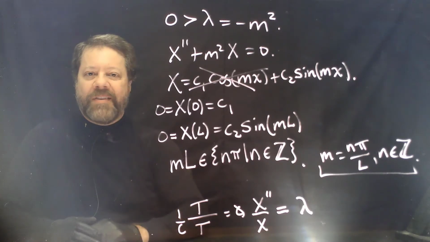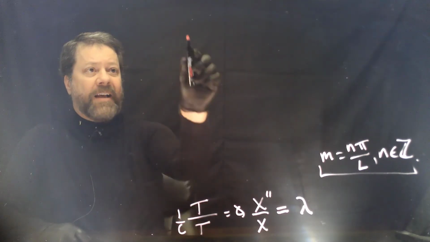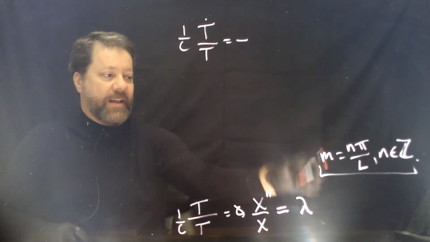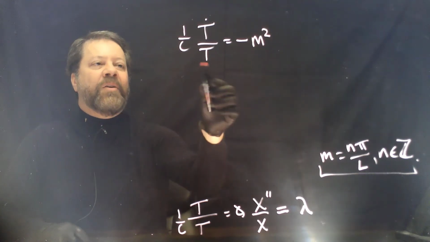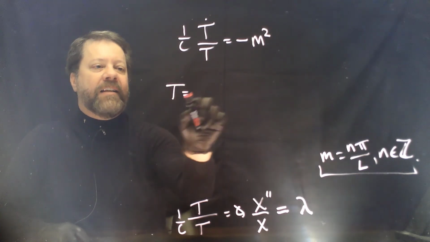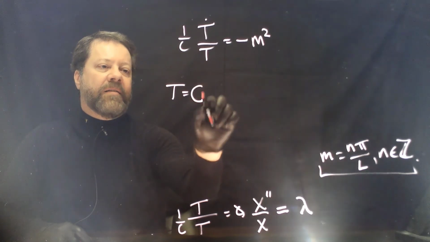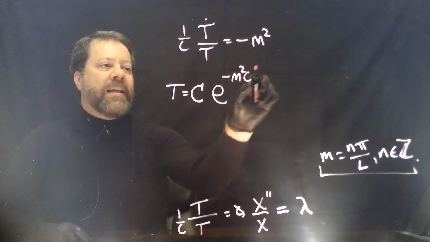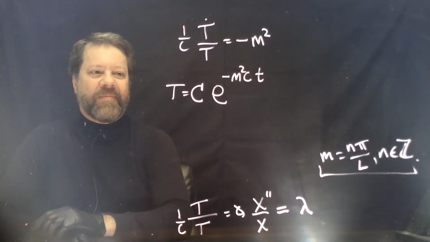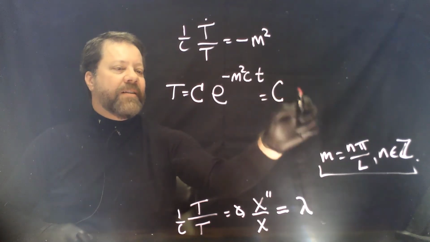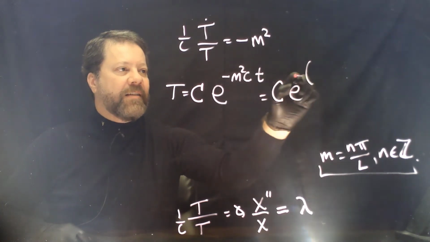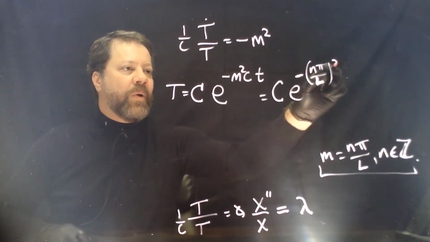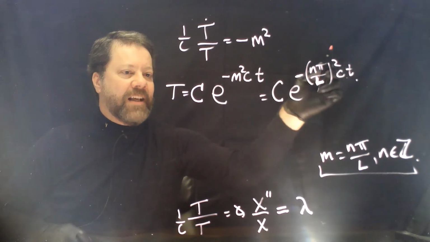Now, what happens with the other side? We'll have 1 over c times T dot over T equals minus m squared, which means then that T is some constant times e to the minus m squared c t, which will be some constant times e to the minus n pi over L quantity squared c t.